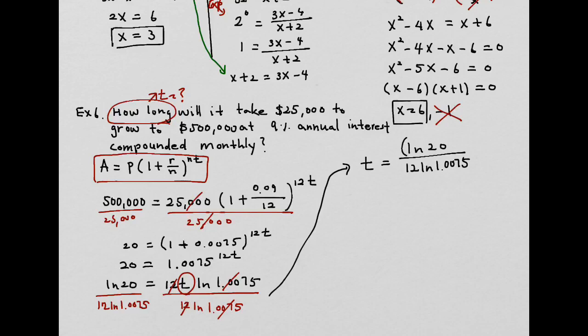You need to use parentheses to plug those values into the calculator. Then you get close to 33.41 years. So if the interest is 9%, it takes about 33 years to make 25,000 into 500,000.